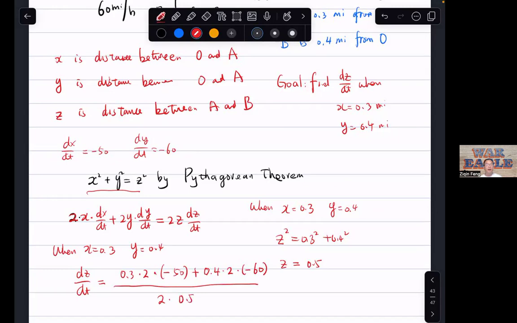You can simplify the number to get the value. That should be negative, because you can see that their distance is getting smaller and smaller, right?